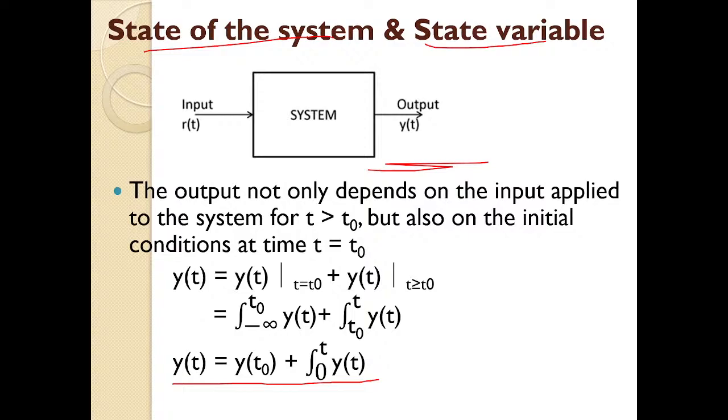So here, this y of t0 is what? It is the output at initial condition.